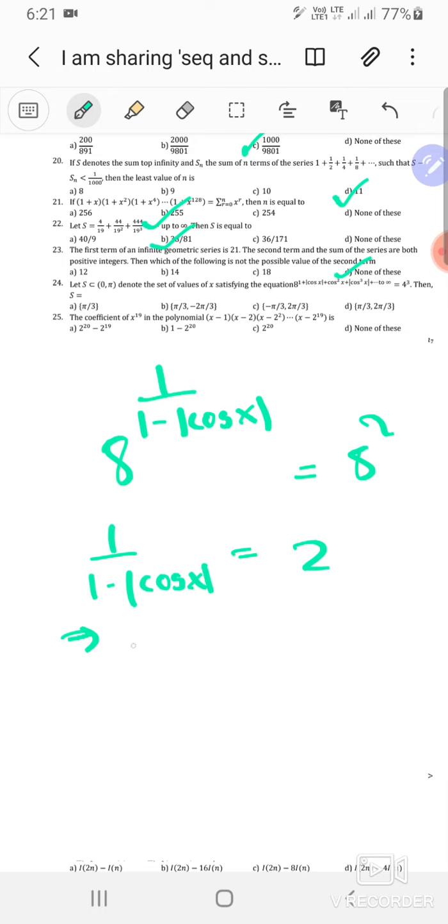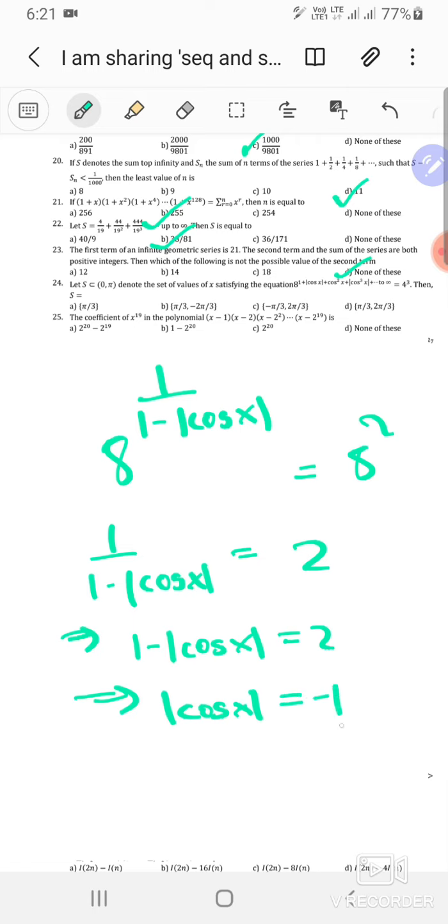So that tells me that 1 minus mod of cosine x is equal to 2. So mod of cosine x has to be negative 1. Wait, that can't happen. Wait, sorry, that has to be equal to half in that case. Sorry, this has to be half.